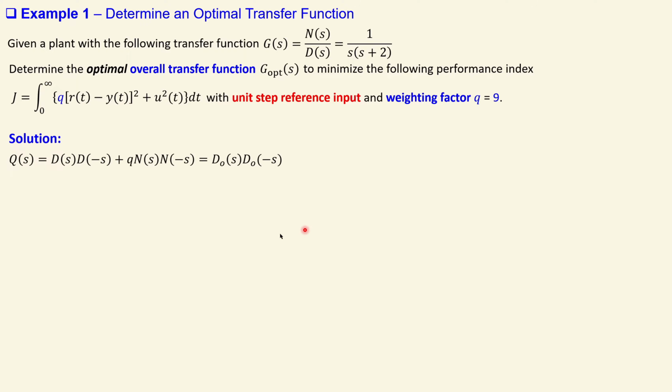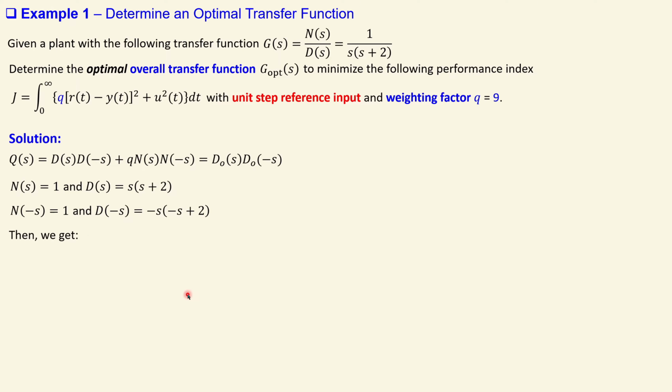So let's look at the solution. We start with the Q, set up the Q, so we have the D and D of minus s, etc. So we see that N is equal to 1, and D is equal to s times (s plus 2). Now N of minus s is still 1, and the other one, D of minus s, will be minus s times (minus s plus 2).